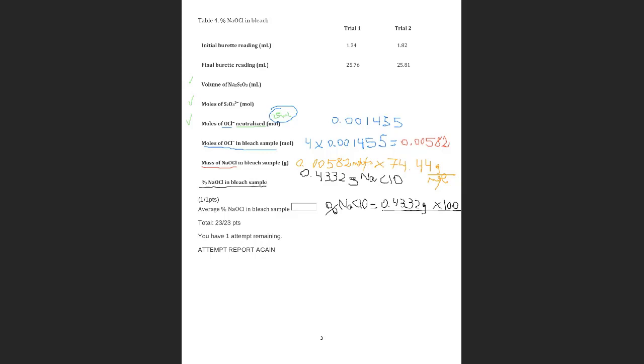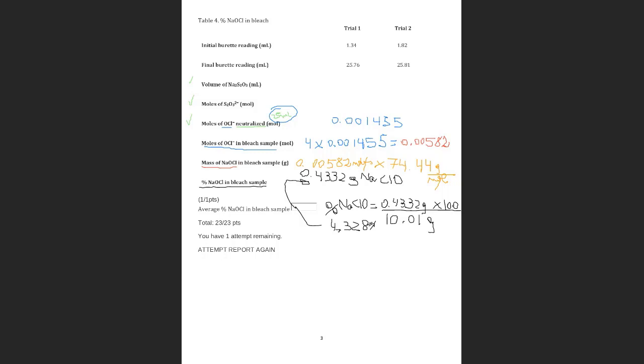In my case, when I started, I weighed, remember with the beaker, 10.01 grams. So I have a percentage, in my case, of 4.328%. And that number goes here.